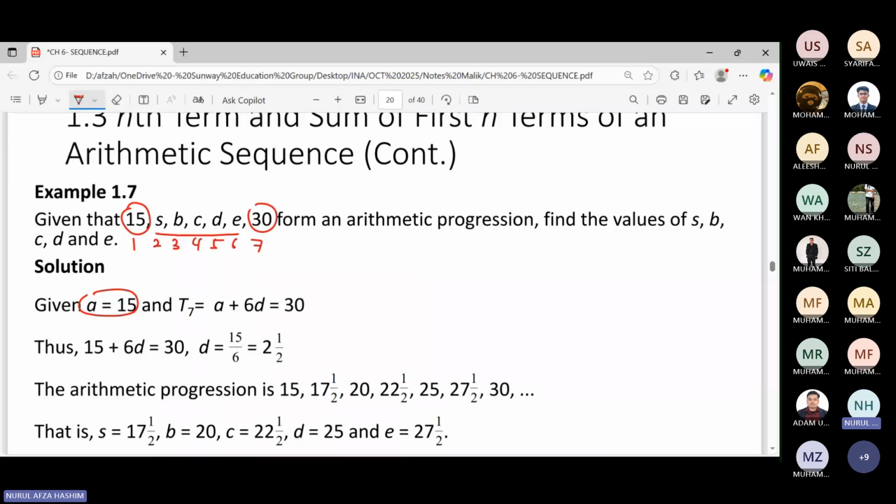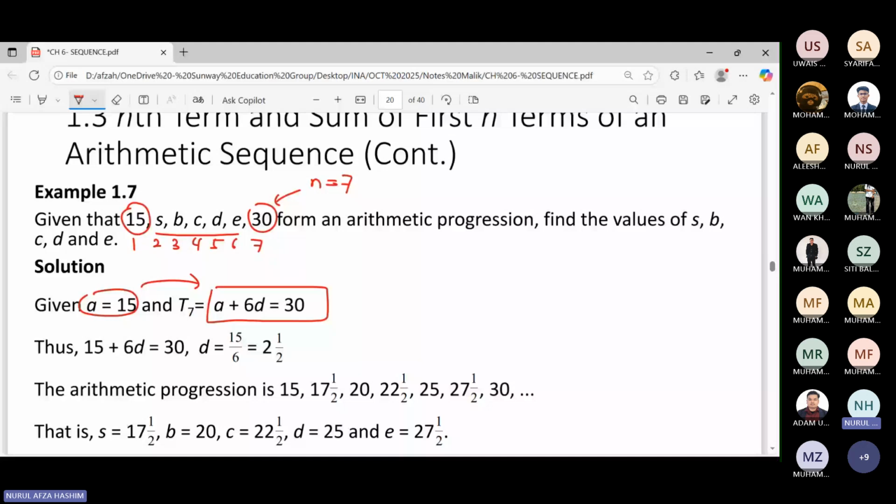It means that your n here is 7. You substitute n equals 7 and Tn is 30. So you have this, and you also have A. You substitute A into the equation, then you get your D.